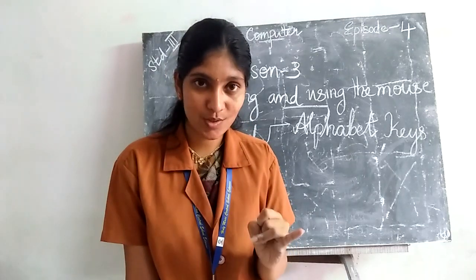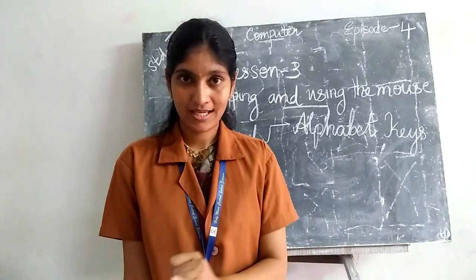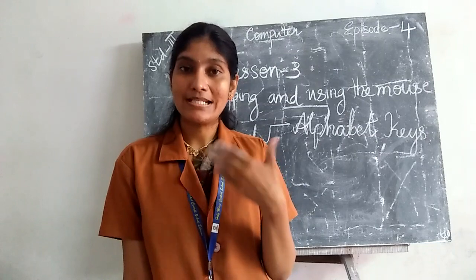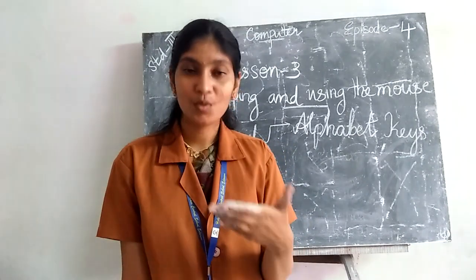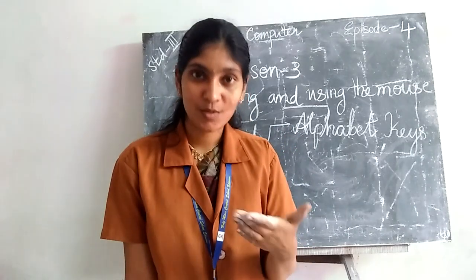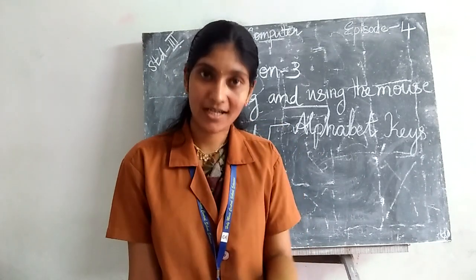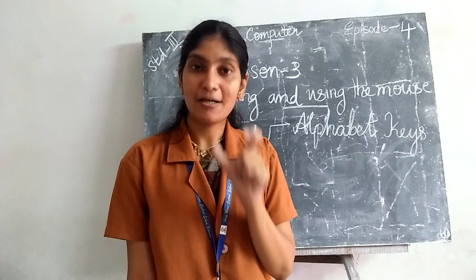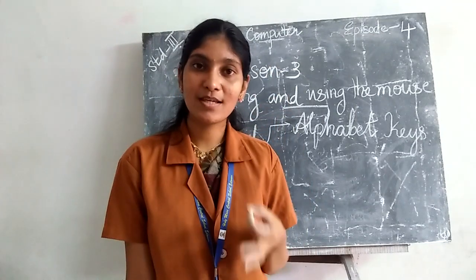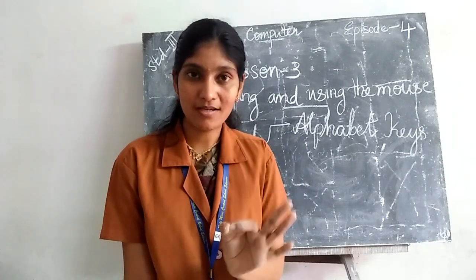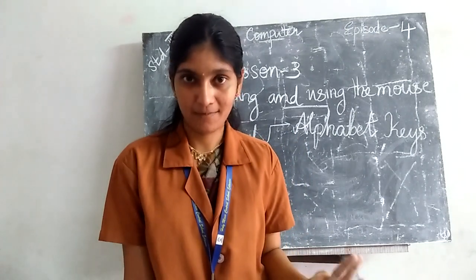From letter A to letter Z. That means you can type letters, you can type your name, you can type your address, you can type the names of your friends in the computer using this keyboard. Right? So what is the use of a keyboard? Keyboard is used for typing.